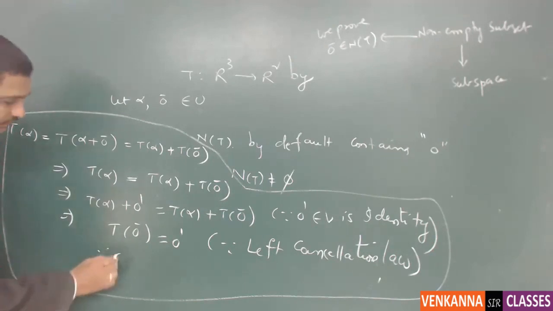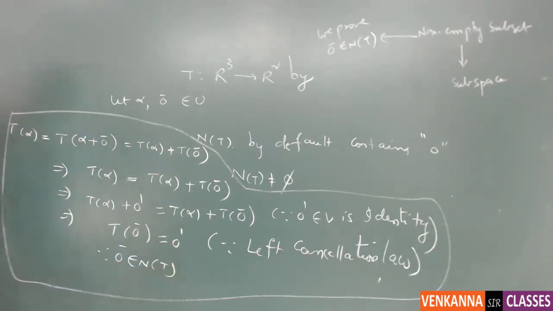Therefore, clear now? Right. So without saying that a set is non-empty, we cannot straight away prove that it is a subspace. For proving subspace, we can make use of the condition A alpha plus B beta. But before that, we should say it is a non-empty subset. That was mandatory, right?